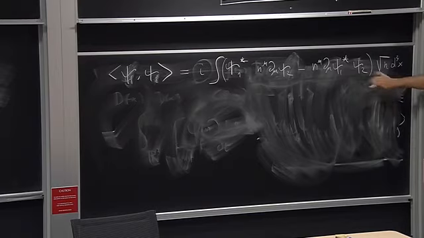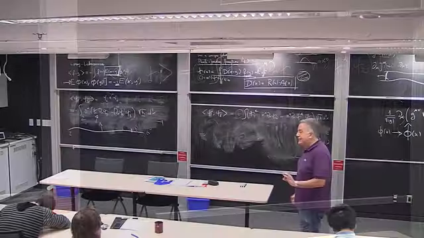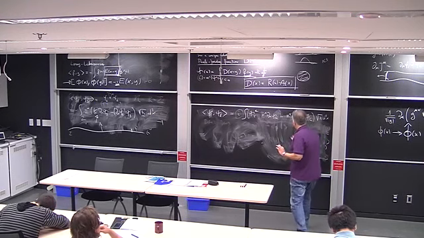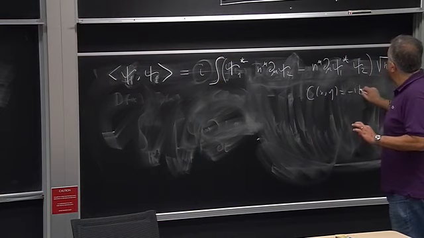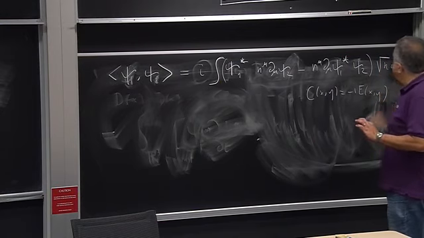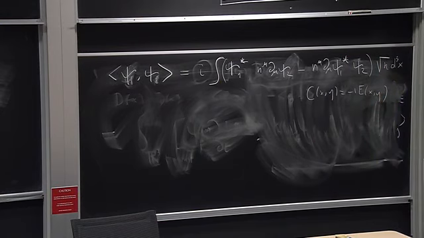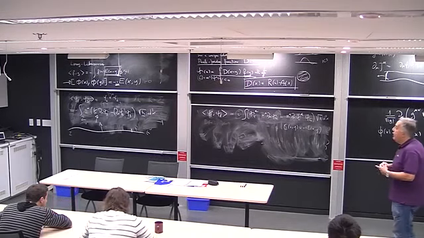Okay, this writing represents the commutator C of x, y, because of the equivalence we have already seen. So let's check that this gives rise to a local theory.